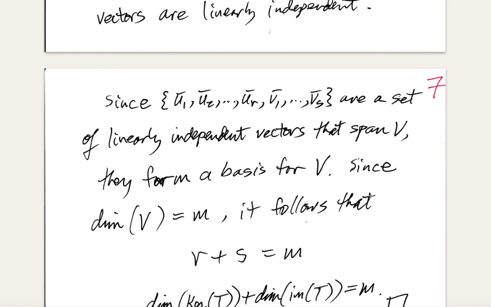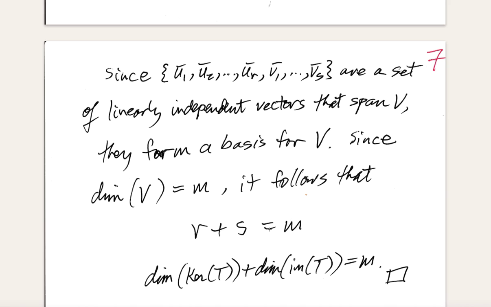Now, that means what? The dimension of the kernel, we know, here's the basis for the kernel. There's R of those. And then the basis for the image, well, how many were there? There were S of those.